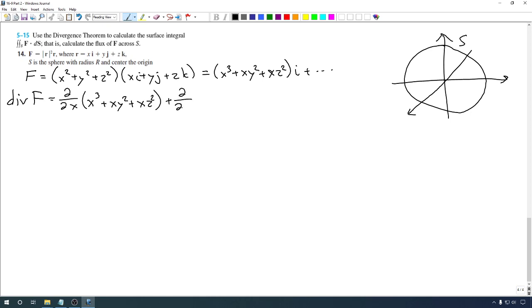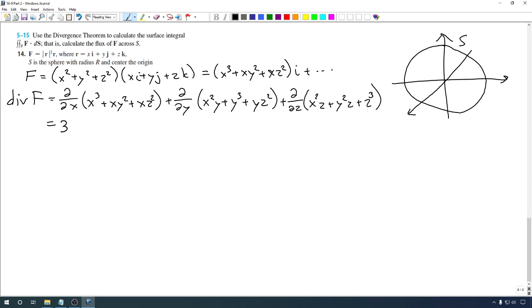The second component with respect to y, that is x squared y plus y cubed plus yz squared. And then finally, our third component with respect to z, we have x squared z plus y squared z plus z cubed.